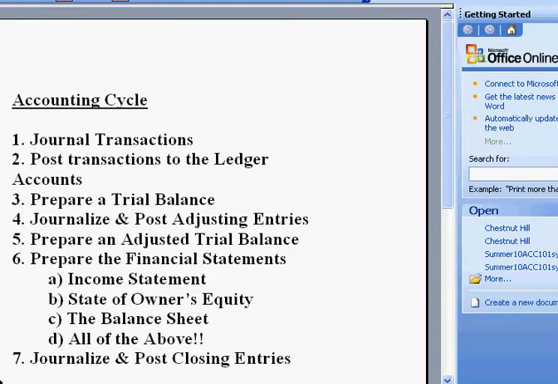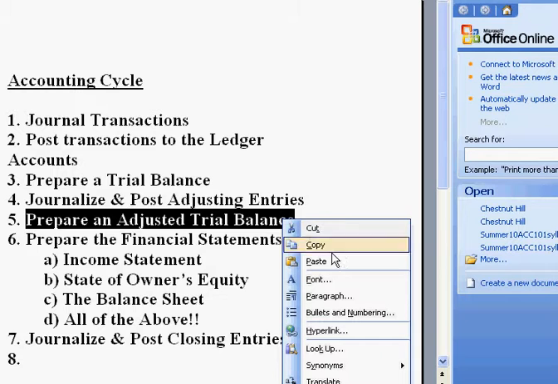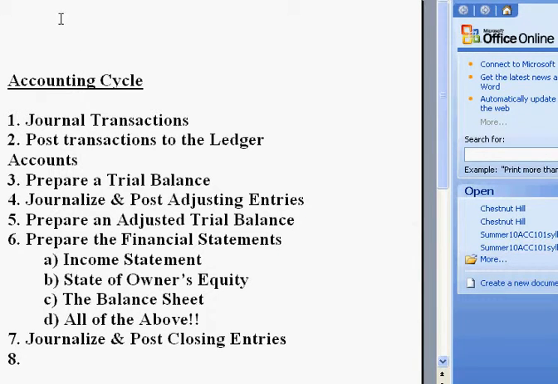And lastly, would be step number 8, and that is to prepare the third trial balance, yet this time it is not an adjusting trial balance, it's a post-closing trial balance. So the accounting cycle really consists of 8 steps.